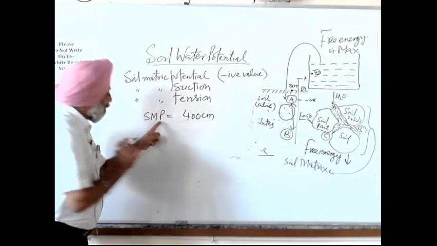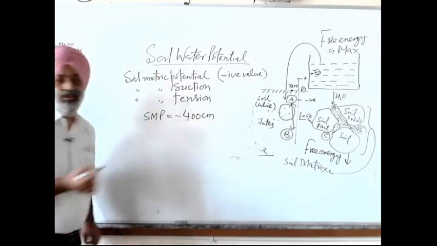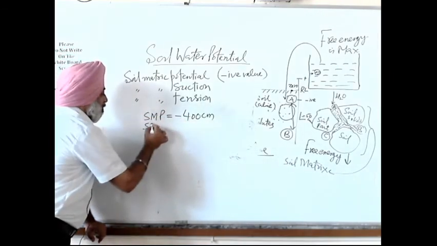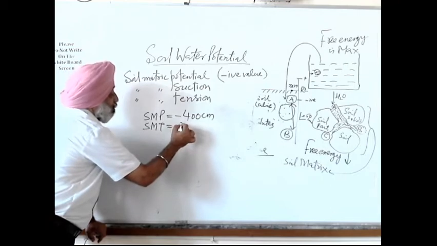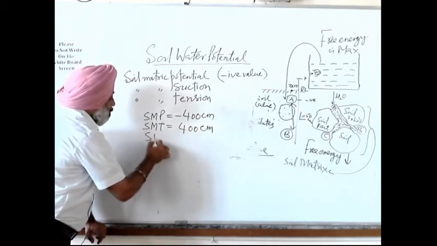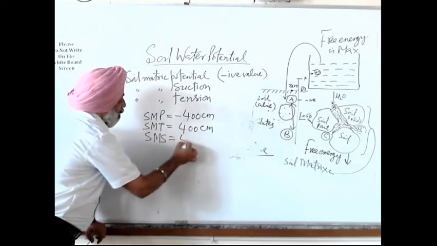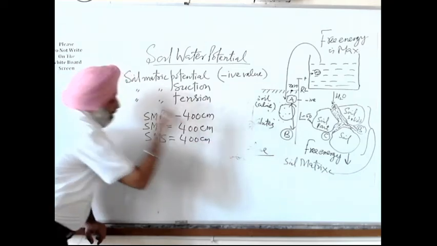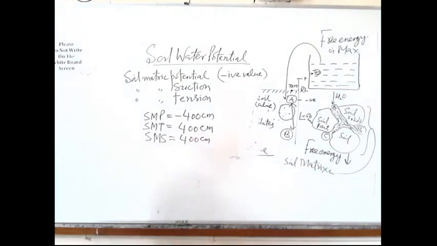If you are saying potential, then you have to use the negative sign. If you want to write soil moisture tension, then don't use the negative sign, 400 centimeters. If you want soil moisture suction, again the same. Is that clear?